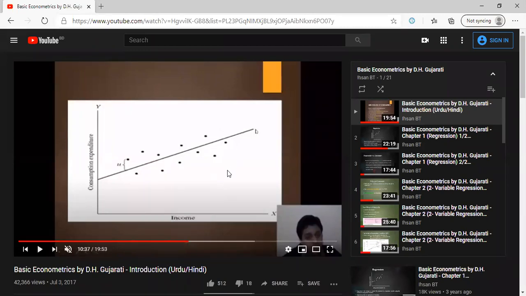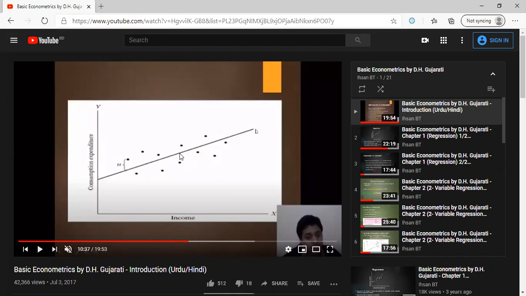So that is on that line. Income 20, 50 is here, on the line. That is coming from the exact relationship.